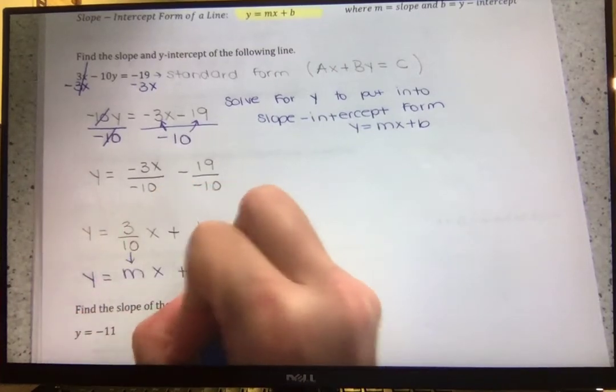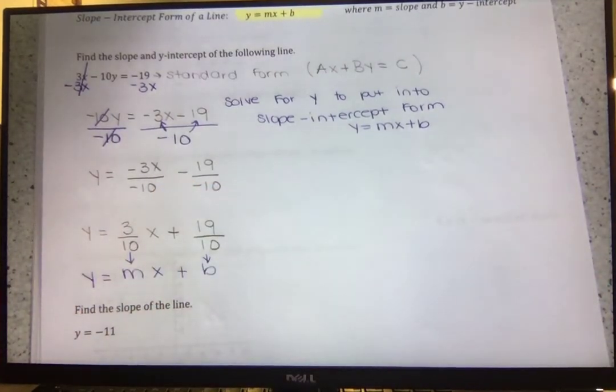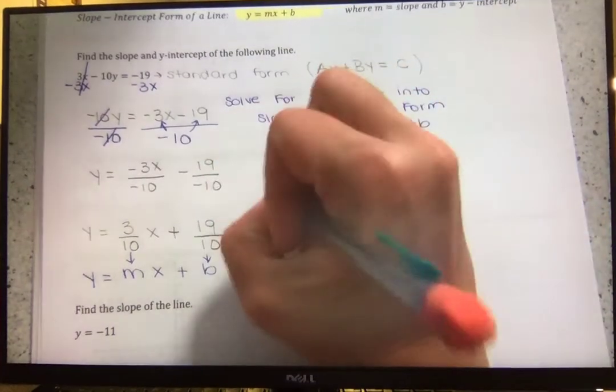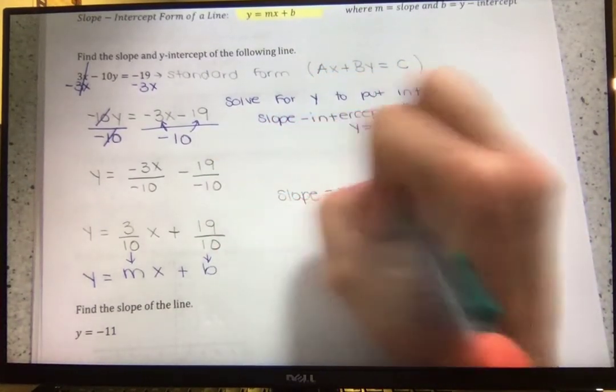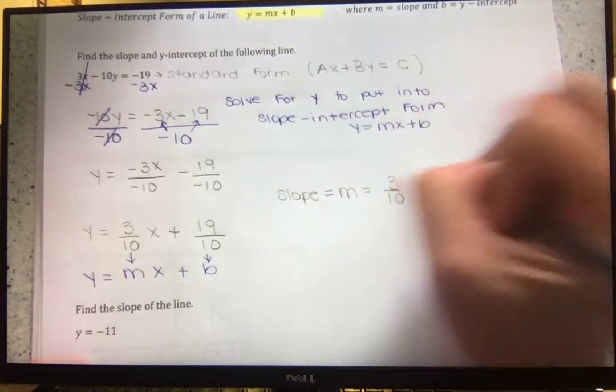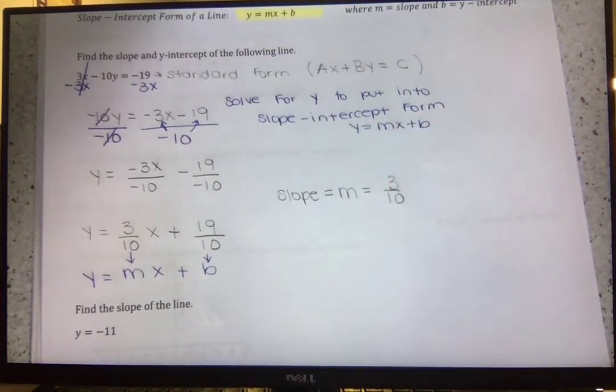So now we can easily identify our m value, which is our slope, and our b value, which is our y-intercept. So our slope, which is m, is 3 over 10. Notice it's just our m value, so it's just 3 over 10. A lot of people get confused and they put x in there. X is not part of our slope. It's just the number 3 over 10.